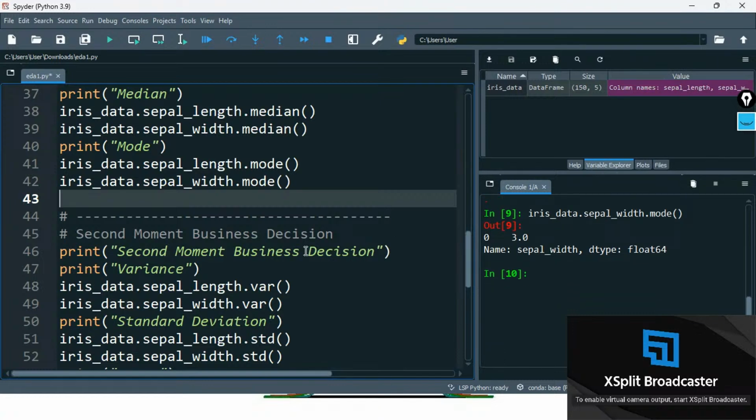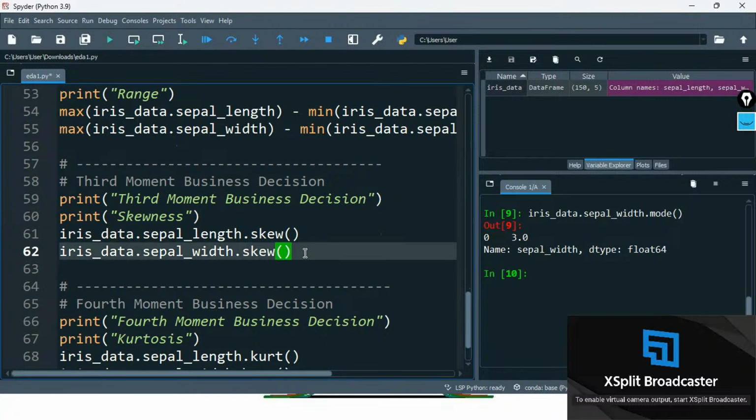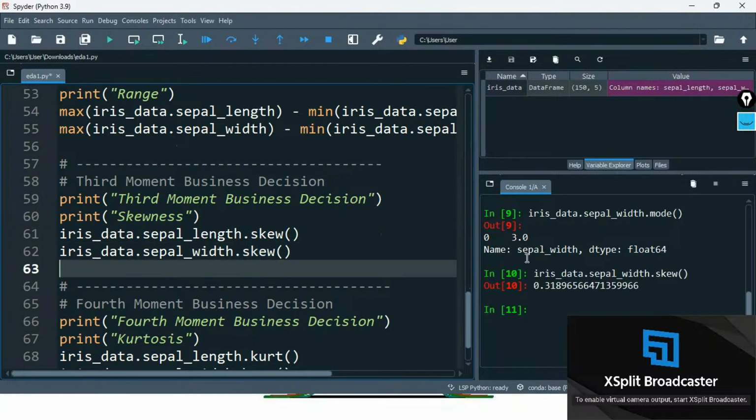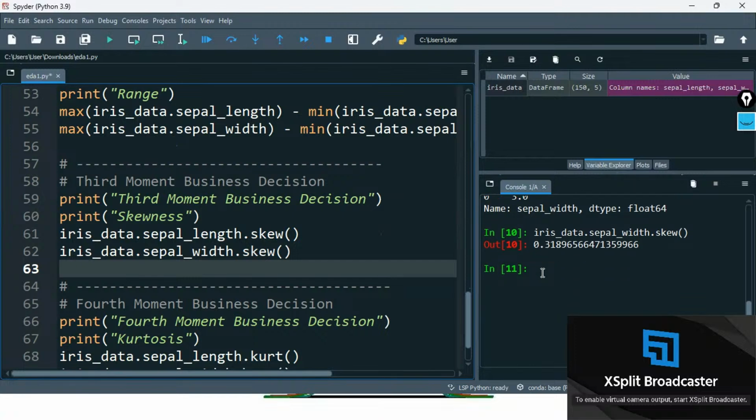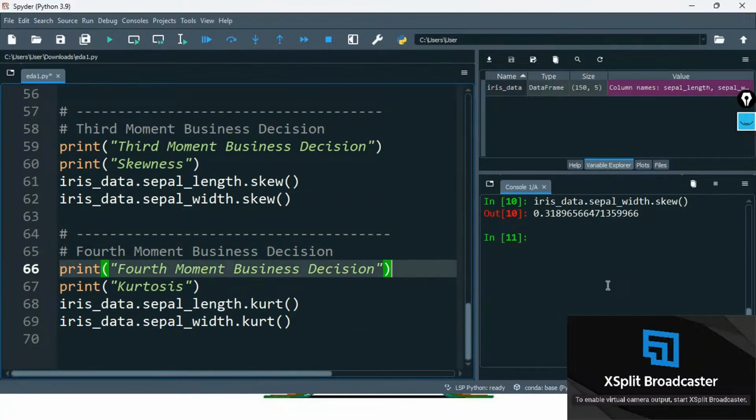So the value of skewness should be very close to 0 if I go and calculate for sepal width. Okay, so let us check. 0.3, right? Yes.